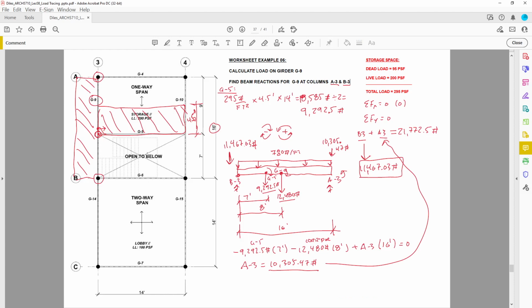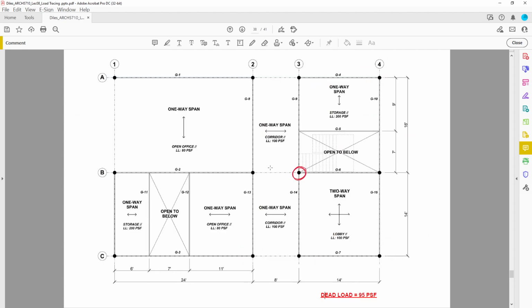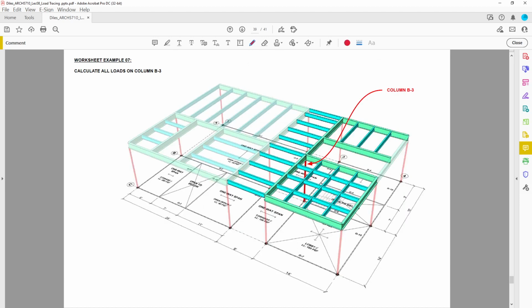So we know the loads coming in from G9. But there are two other girders that come into it, G6, which we've also already looked at, and G14, which we haven't looked at. So let's look at the tributary area for this. So this is column B3 right here.